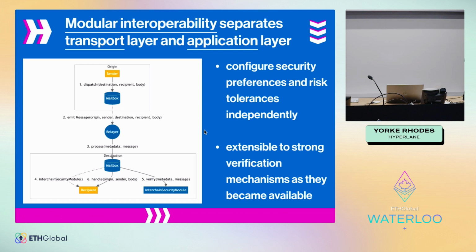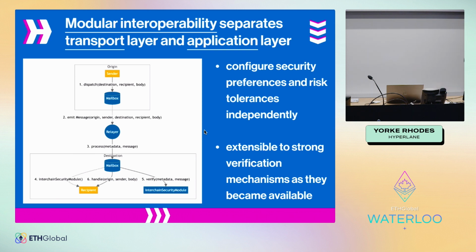Our protocol will ask your application what security module you've configured for this specific origin and sender and body. You can actually have control flow on the message body, which changes the security requirements. An analogy there is wire limits in traditional finance.